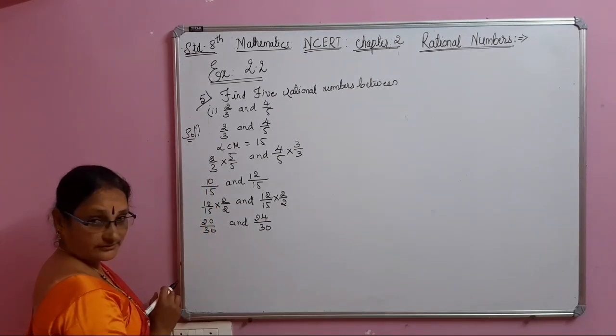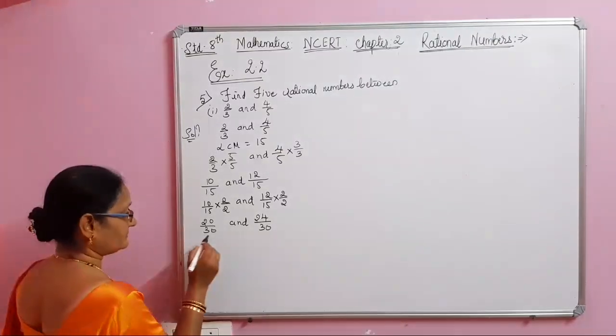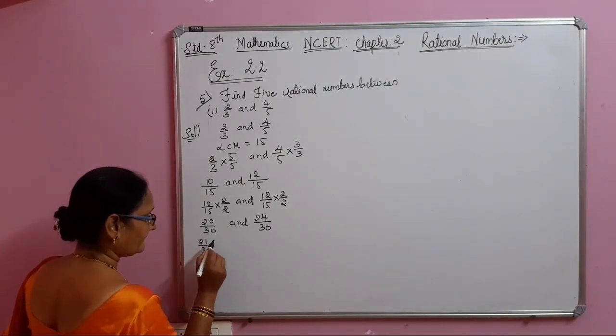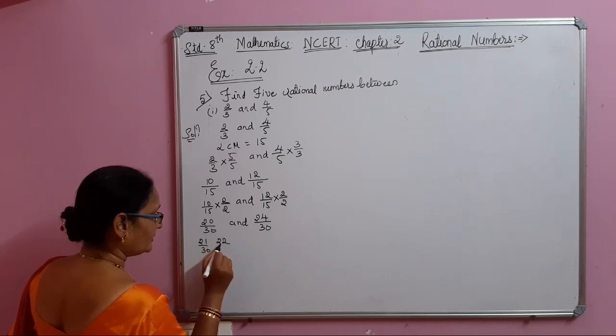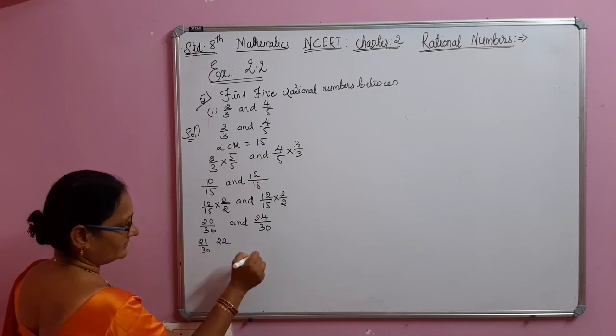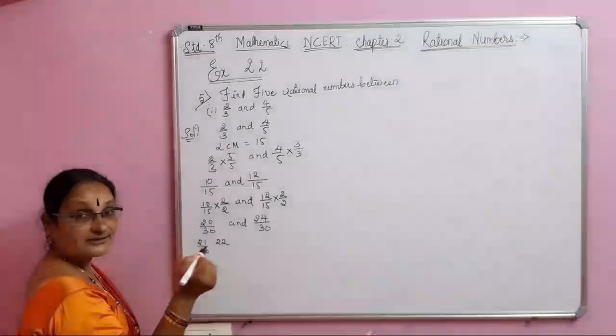Now you can get the rational numbers. Which are those? 21 by 30, 22 by 30, 23 by 30, 24 again. Still we got fewer numbers.